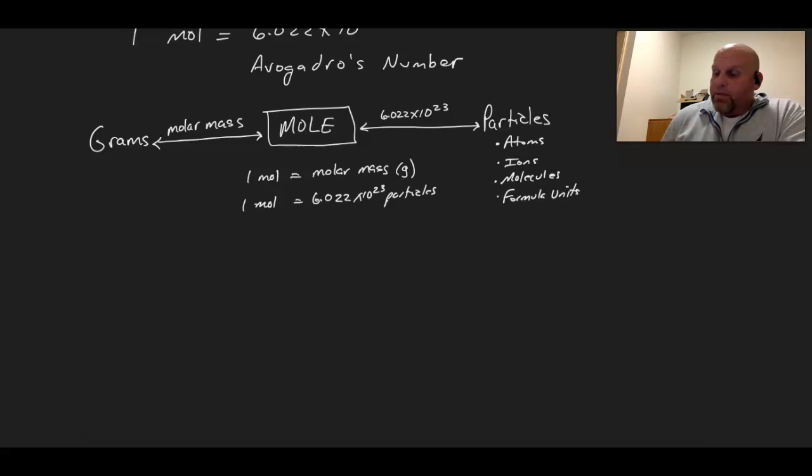If the problem has given me grams, and I'm out here, if it's asking for moles, then it's a one-step conversion, and I need the molar mass to do that. If it were asking for atoms or molecules, then it's a two-step conversion because you see there's no back road here that connects particles and grams. I have to go through the mole. So that would be a two-step conversion to use the molar mass to convert to moles and then Avogadro's number to convert to particles. Let's look at some examples so you can see what I'm talking about.